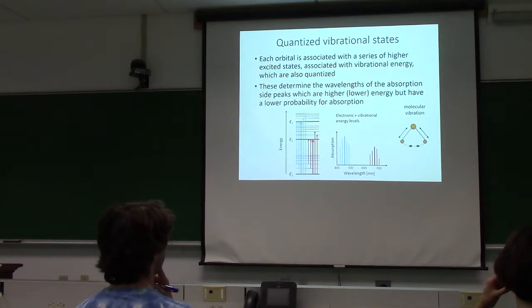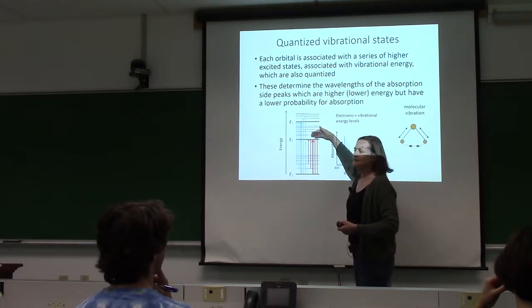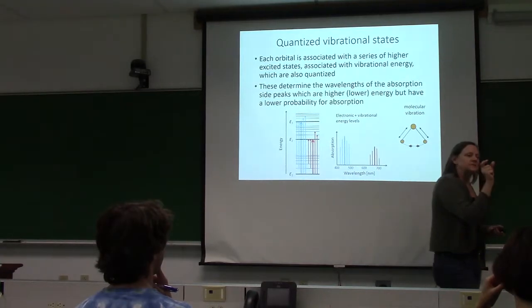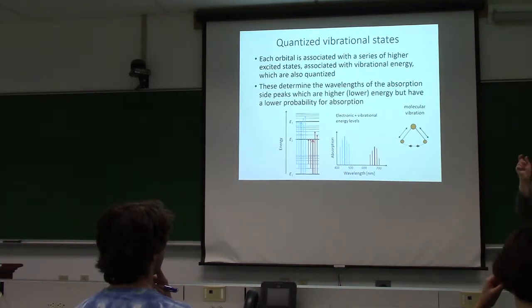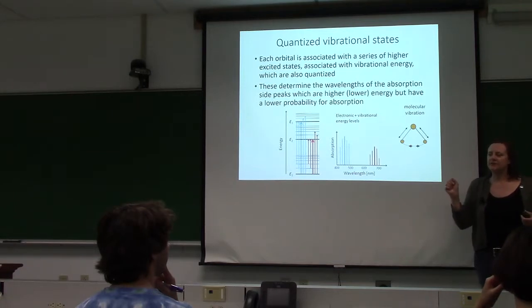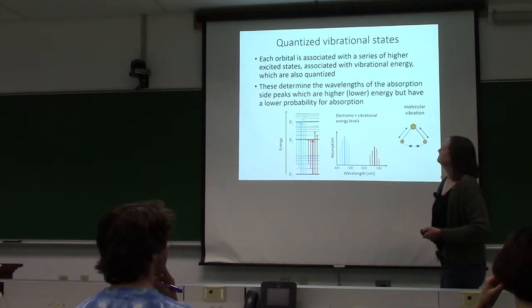And the difference in the energy of these vibrational states, remember, that amount of energy is associated with a change in wavelength that's equivalent to thermal infrared, right? That's the vibrational amount of energy. And so it's a very small difference between here.